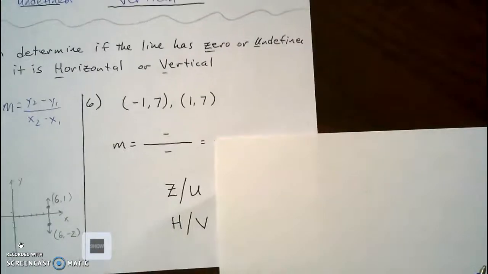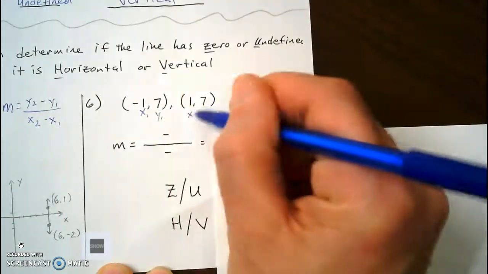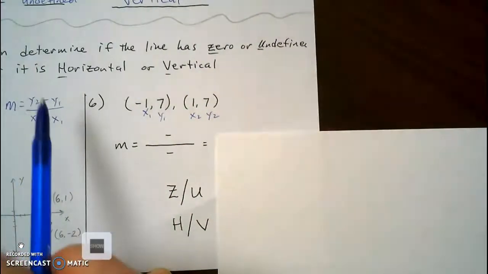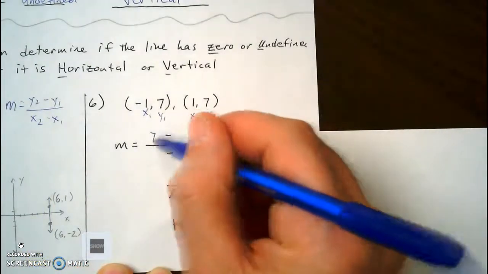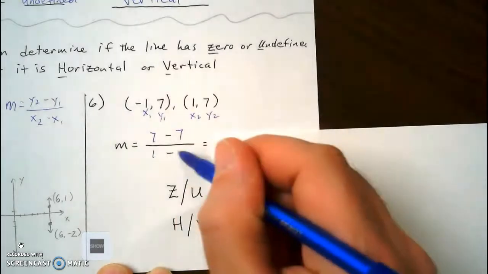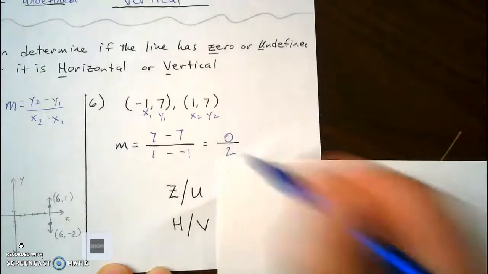Okay, so same thing over here, except we're probably going to get the other case. And label. x1, y1, x2, y2. Here's the slope formula. We can still see it. y2 and y1. So now we have the same numbers in the numerator. And the denominator is 1 minus -1, so that is 0 over 2.